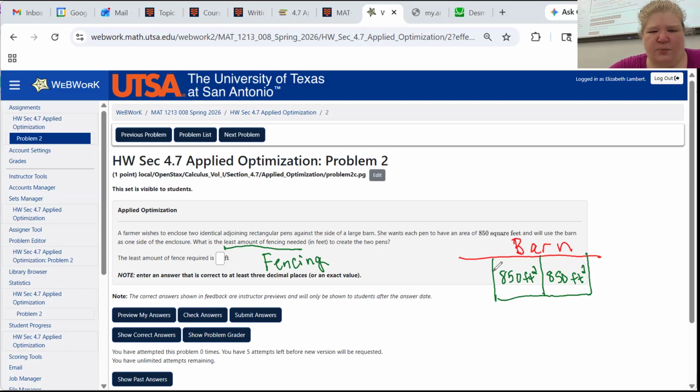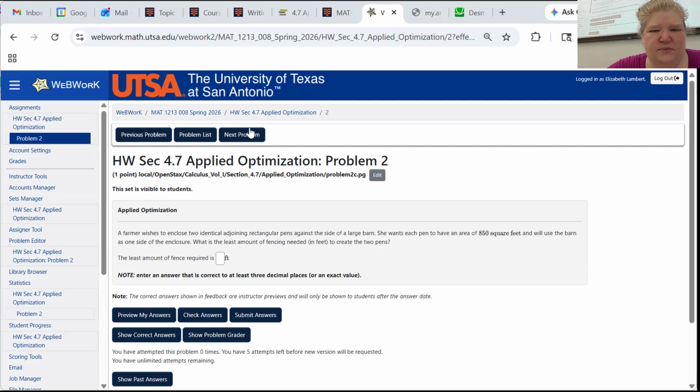So not solving the whole problem, but just if you have problems visualizing it, giving you a little leg up on the visualization side. Let's see what the next one is.